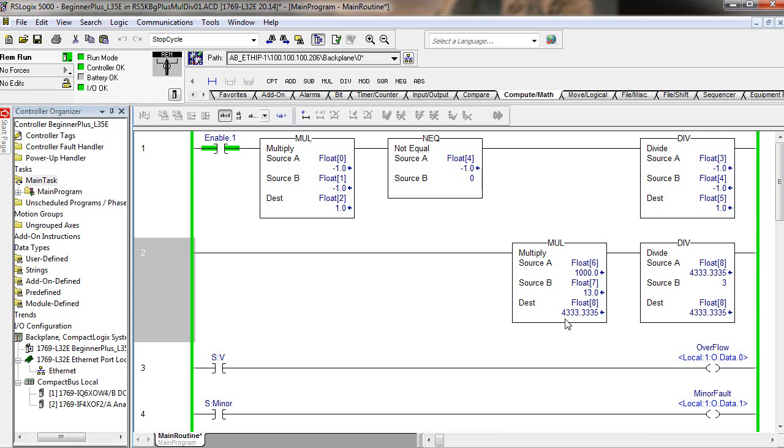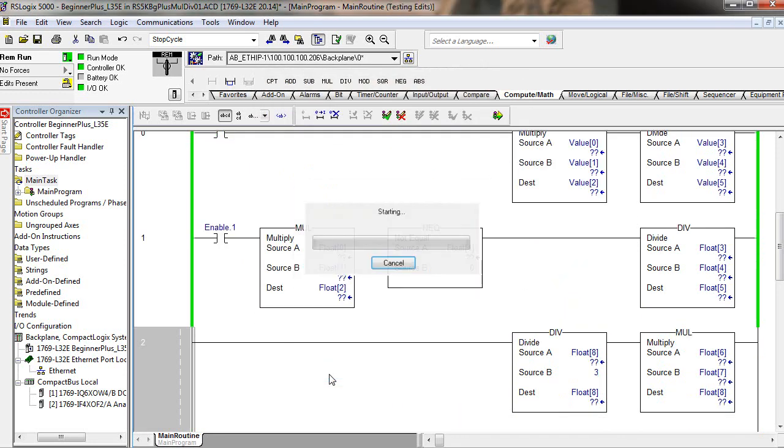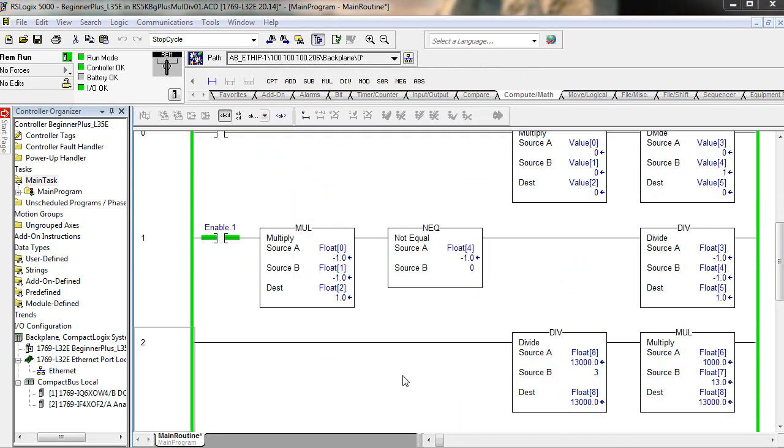Now I had you swap these around. So I'll put that in the edit mode, drag this puppy over here. Now look.